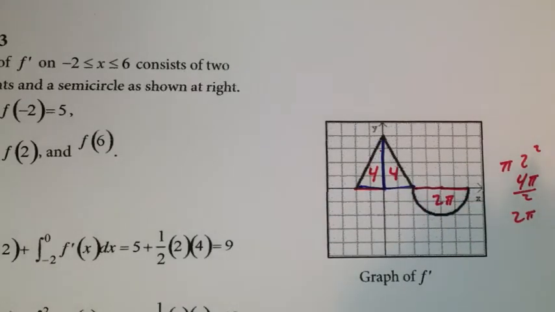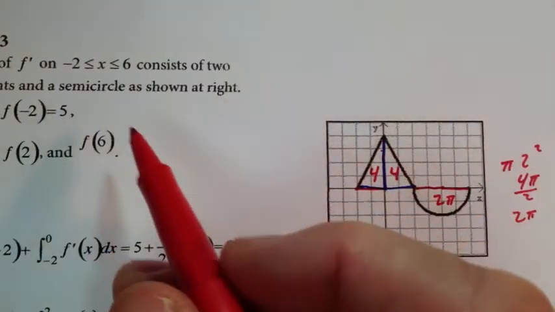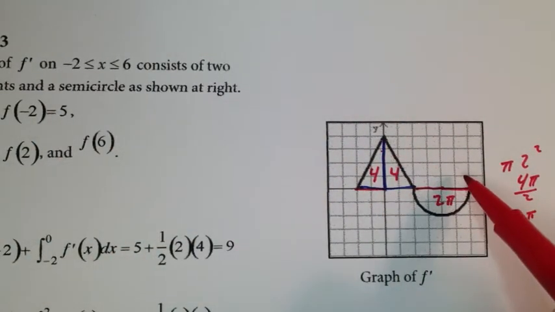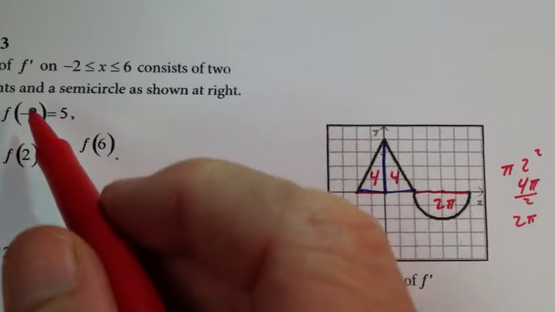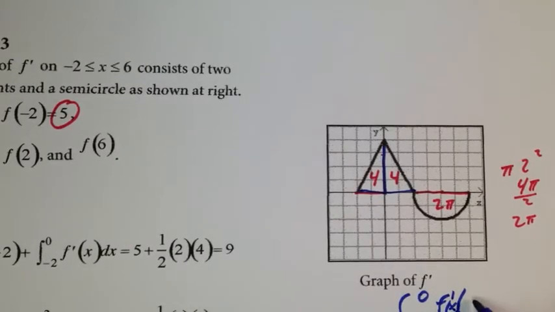Okay? So therefore, if this is the graph of f prime from negative 2 to 6, we're given that f of negative 2 is 5. So if f of negative 2 is 5, then we're trying to find f of 0. Then we would go from negative 2 to 0 of f prime of x dx.